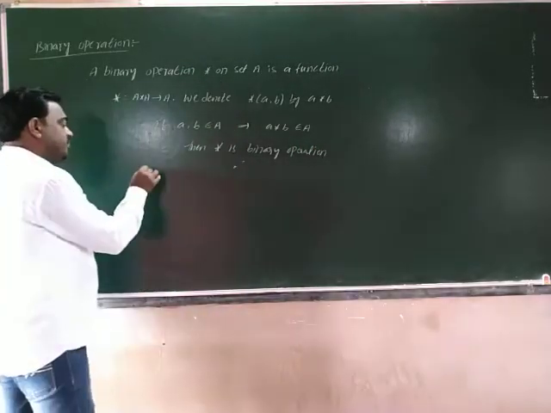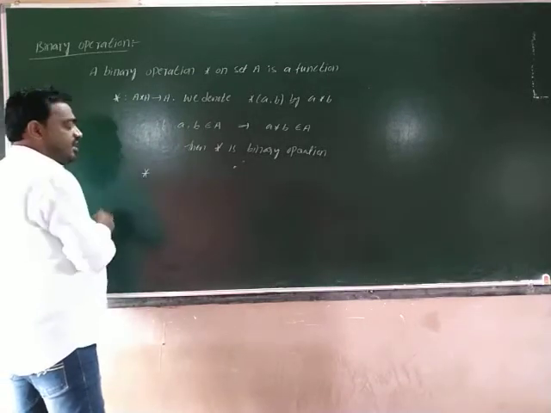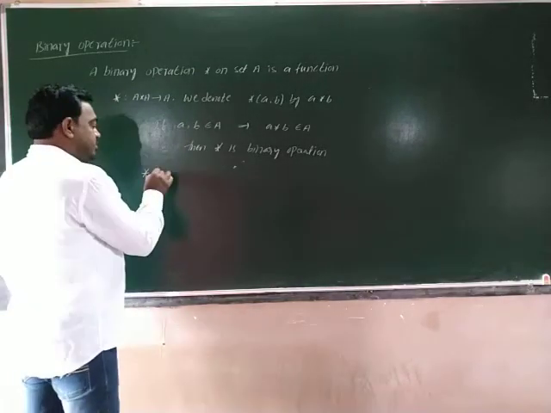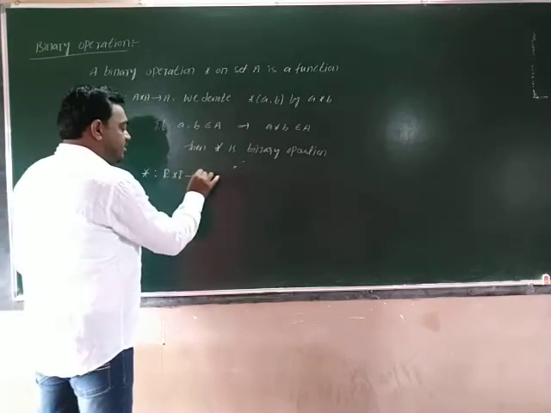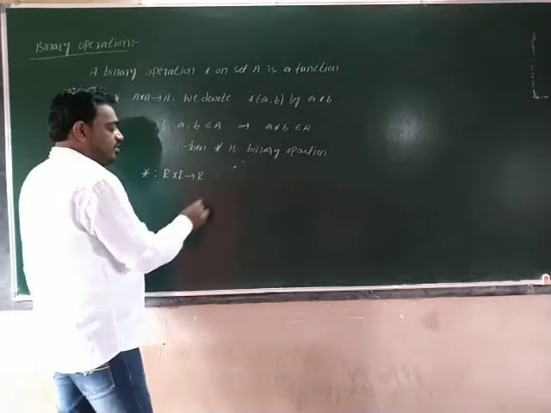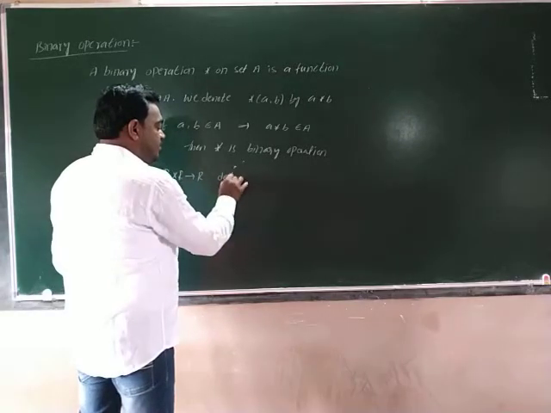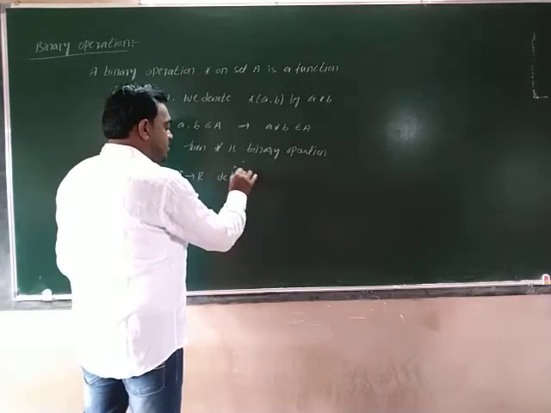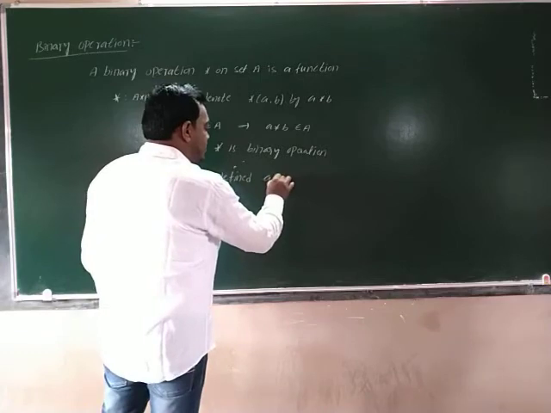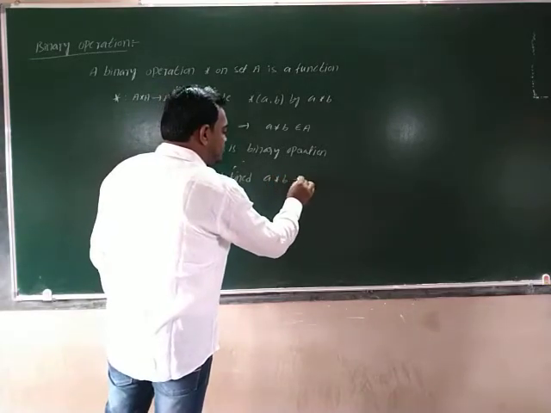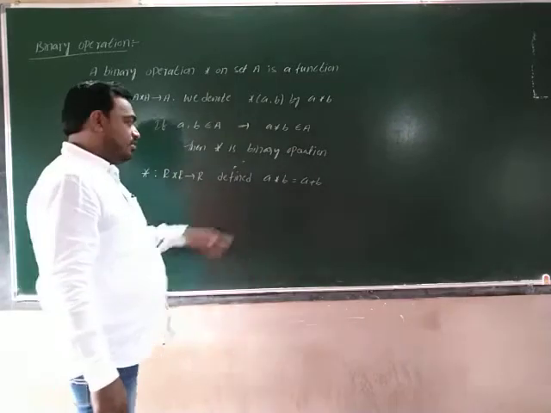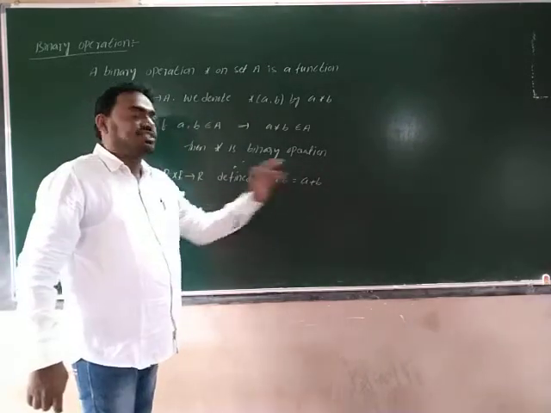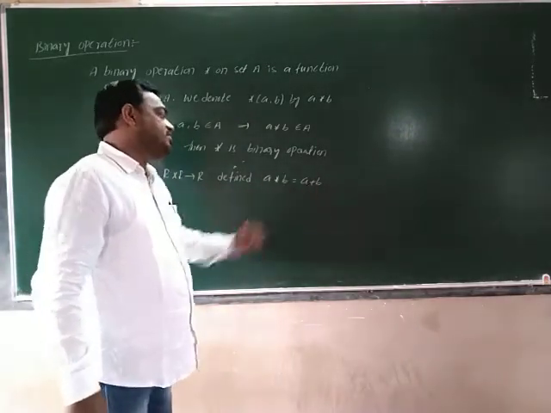You see, a binary operation star is from R cross R to R, the real numbers set. Define a star b equals a plus b. That means here star is addition. How do we define a star b? a plus b.